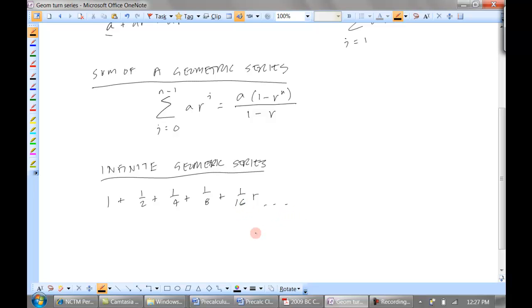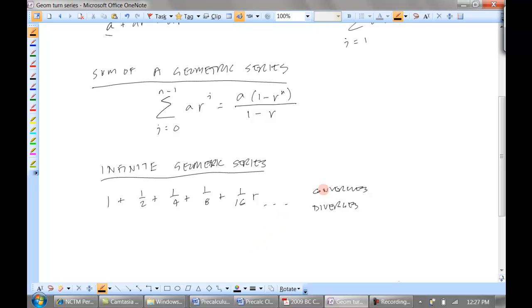And so one of the things we ask is, does the series converge or diverge? If the series converges, it means that this sum gets closer and closer to a finite number. Okay. If the series diverges, it means that as we add more terms, it just gets bigger and bigger and bigger.